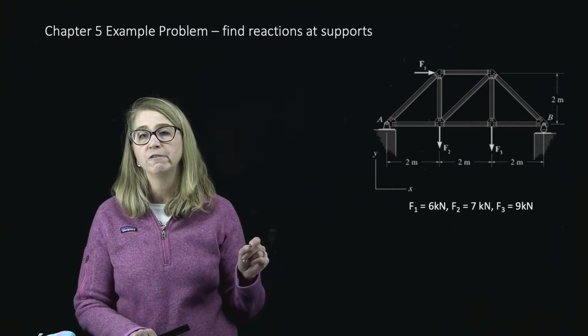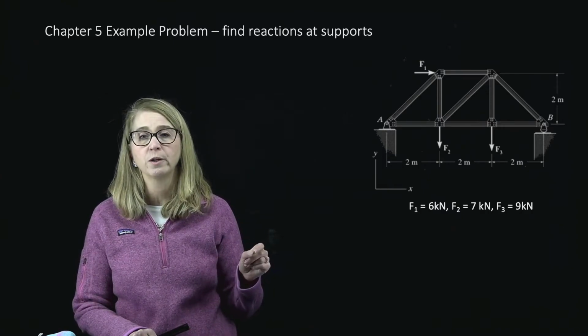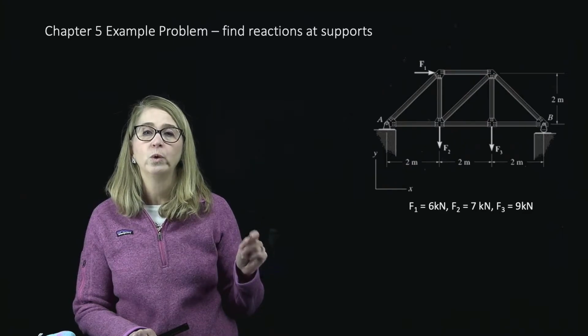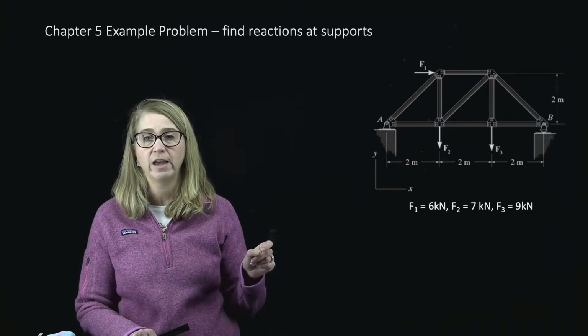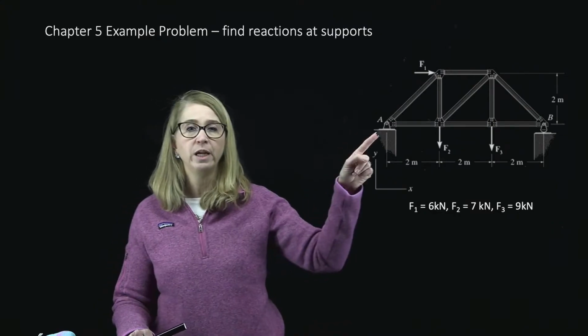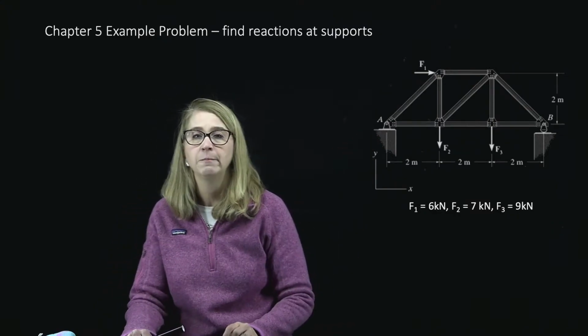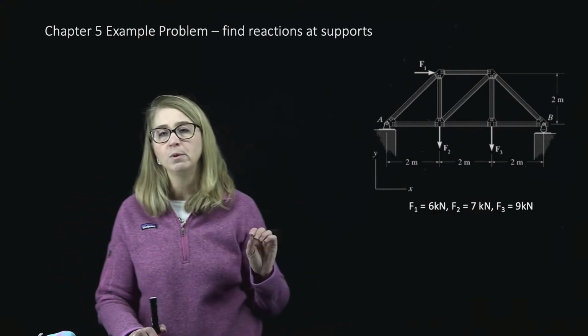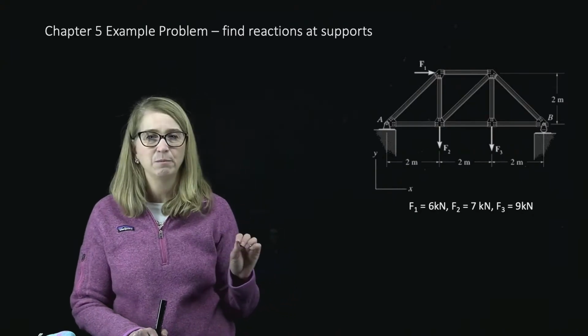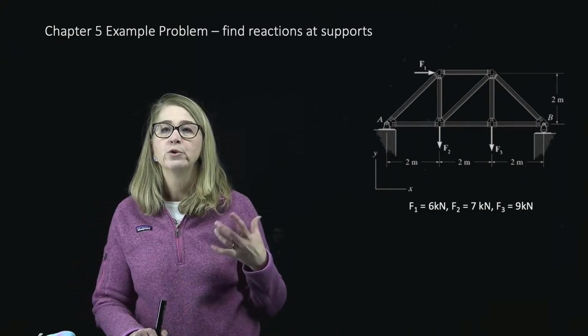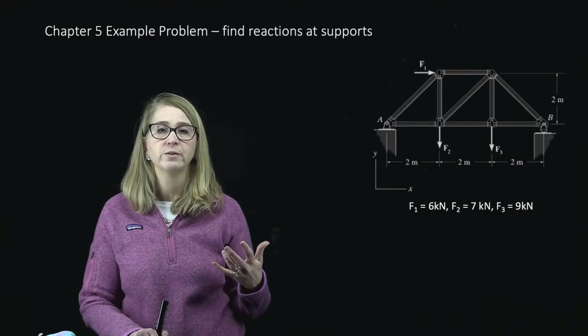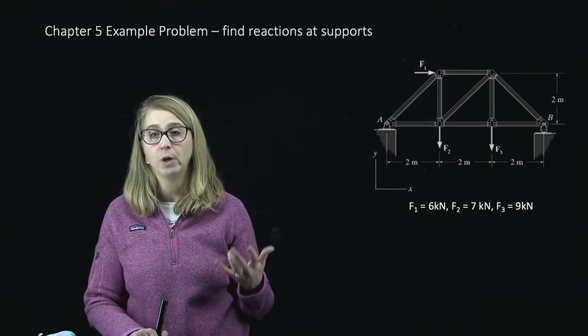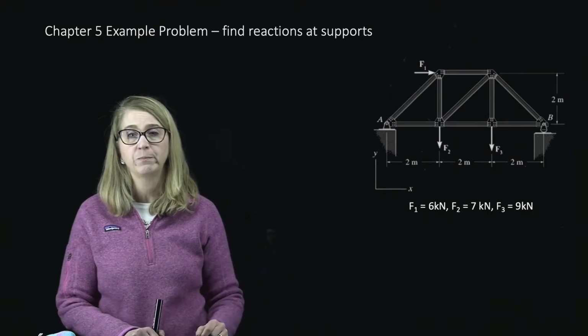Now the way that we can figure out the direction of a support is thinking about which kind of motion does it prevent. Because of the pin right here at point A, those beams cannot move in the x direction and they cannot move in the y direction. So the support forces that we deal with are going to be in both the x and the y direction.